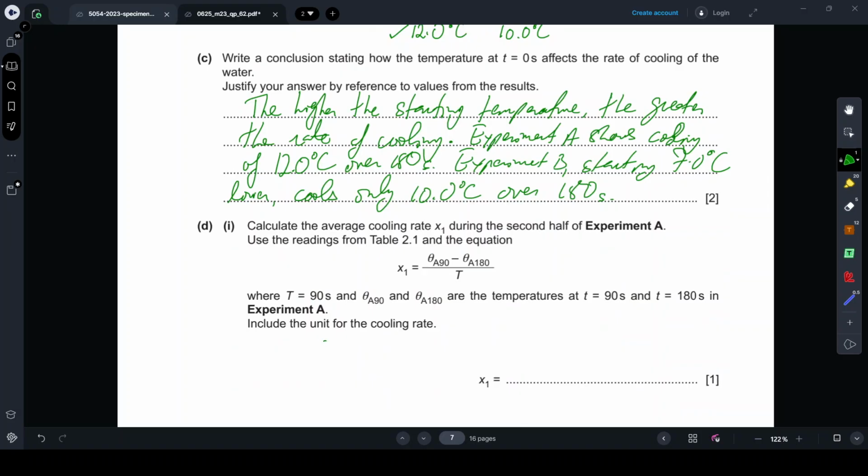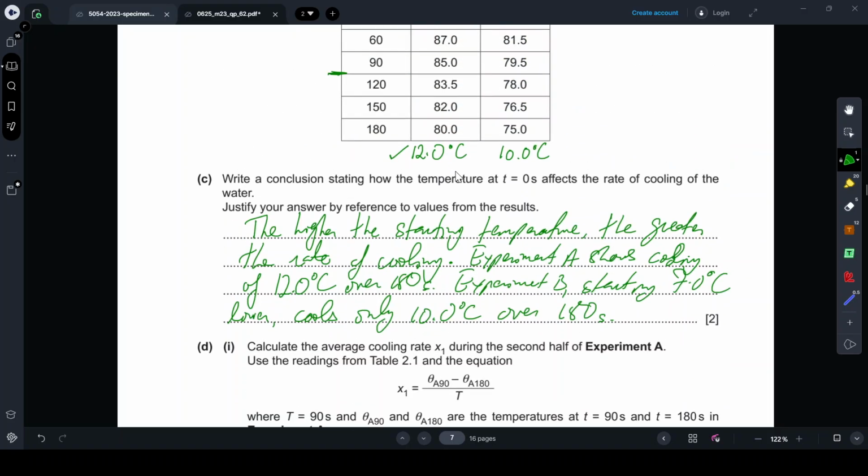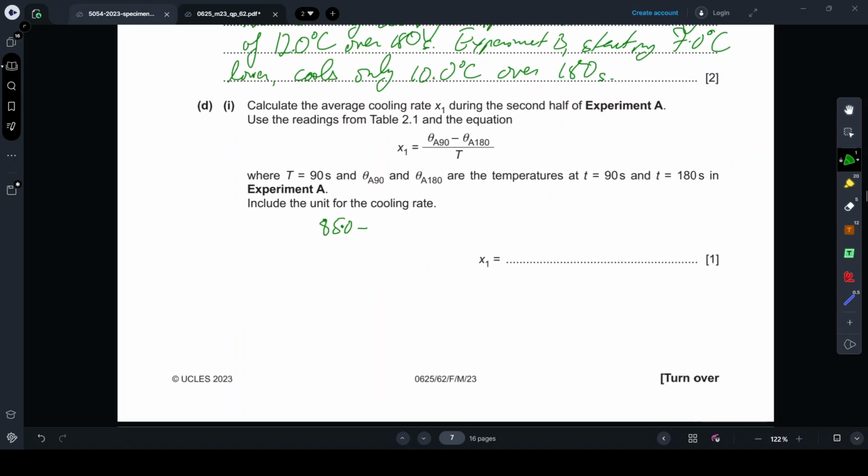Minus 80 at 180, over 90 seconds. So what is the average cooling rate? It's 5 over 90 basically.